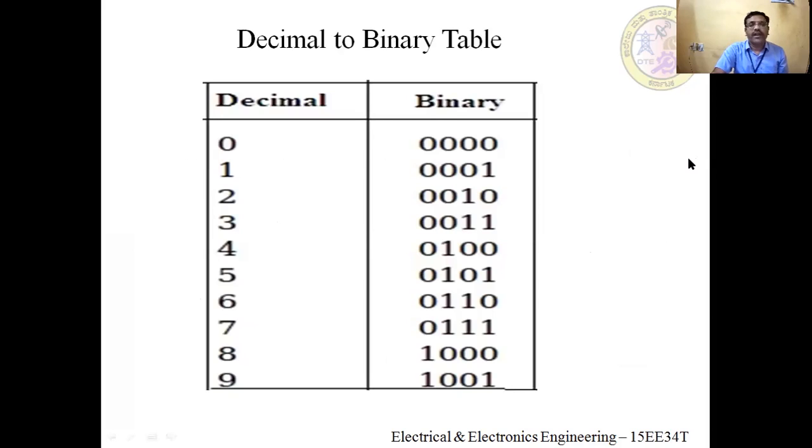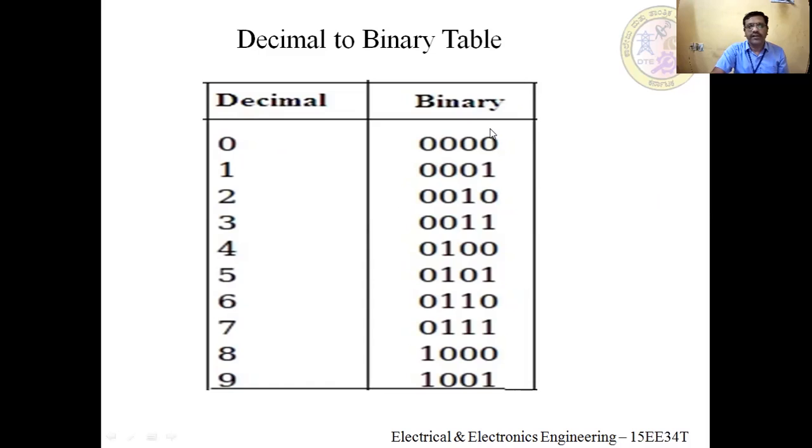In this slide, a conversion from decimal to binary. The first column shows the decimal number, and the second column shows the binary equivalent of the given decimal number. Here, decimal numbers 0 to 9. In the second column, the 4-bit equivalent of the decimal number is written using the 8421 code.